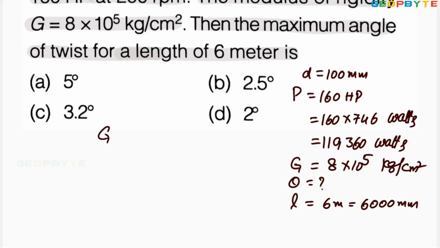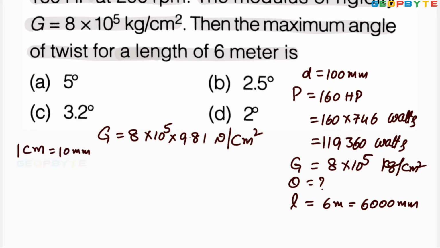Look at the G value. G equal to 8 into 10 raised to 5 kg per cm square. To get from kg to Newton, multiply with 9.81 to get Newton per cm square. Now 1 centimeter equal to 10 mm.